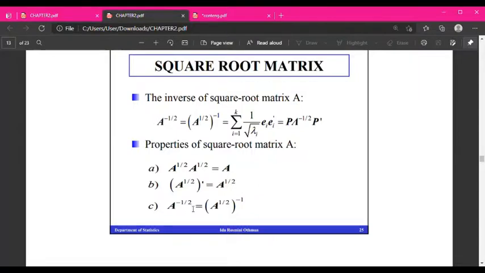So, sama ada kita terus pergi kepada this one, ataupun you dapatkan dulu square root matrix, then inversekan dia, you akan dapat jawapan yang sama. So that is the properties of the square root matrix that you should know. Okay, so yang penting you kena tahu macam mana nak create the big lambda matrix tadi, and then apa akan jadi bila kita nak dapatkan square root matrix, bila kita nak inversekan the square root matrix. Okay, alright, so that's it.